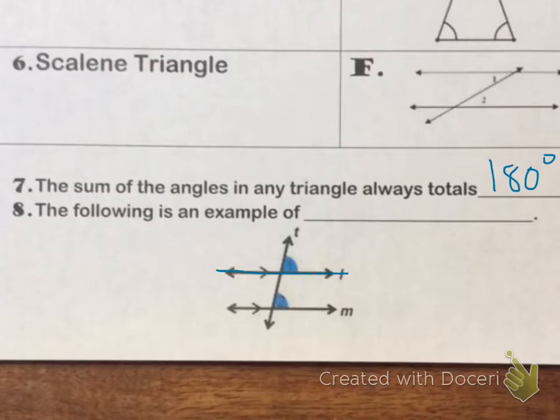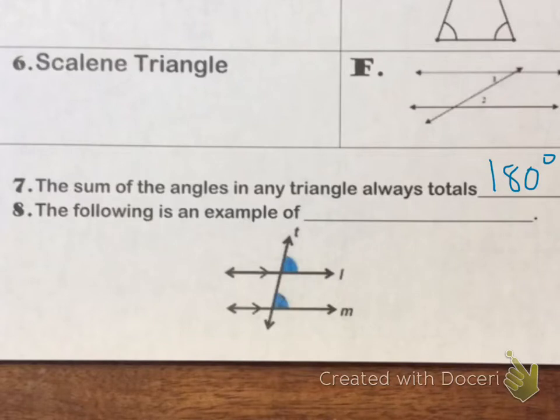Number 8, the following is an example of, so let's take a look at it and see. I have parallel lines cut by a transversal. Now these are not both inside the parallel lines and they're not both outside, which means I completely eliminate alternate interior, alternate exterior, and consecutive interior. So then I know that the one I have left is corresponding.